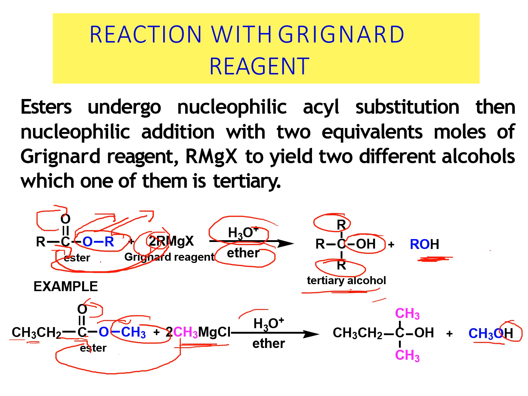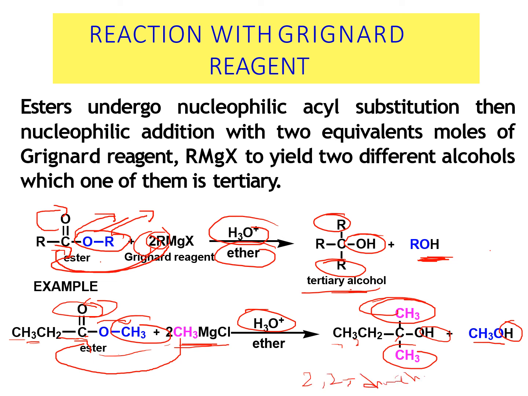Where does the H come from? H comes from the acid. It will attack twice, that's why it forms 2 CH3 here, and the oxygen will combine with the hydrogen from the acid. So it will form 1, 2, 3, 2,2-dimethylpropanol and also methanol.